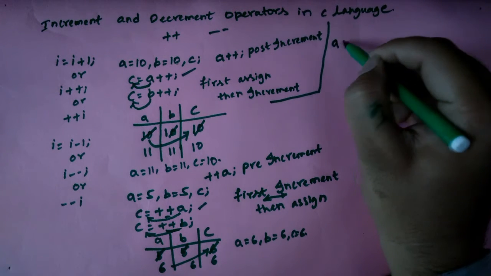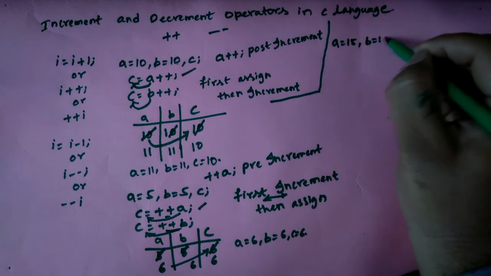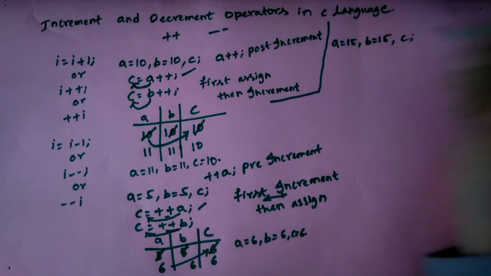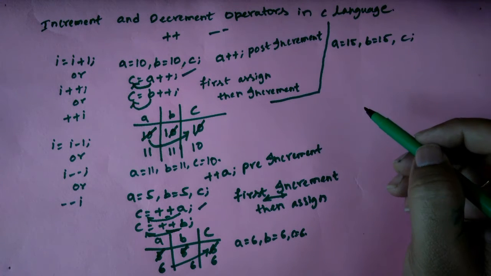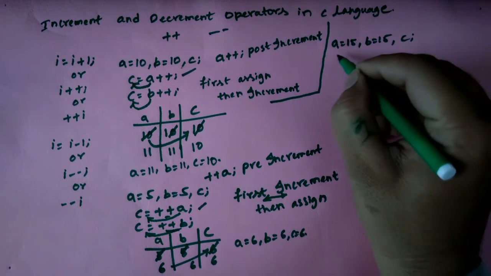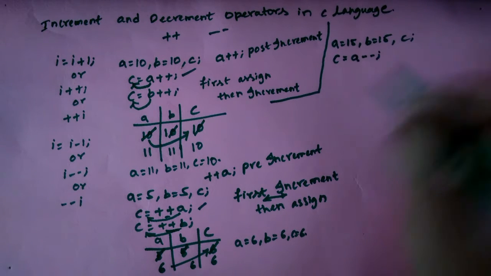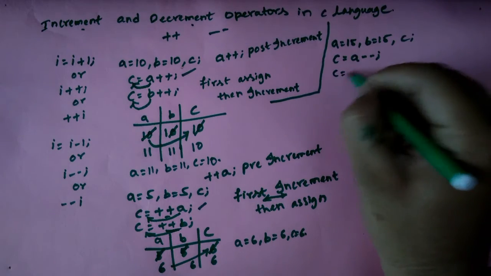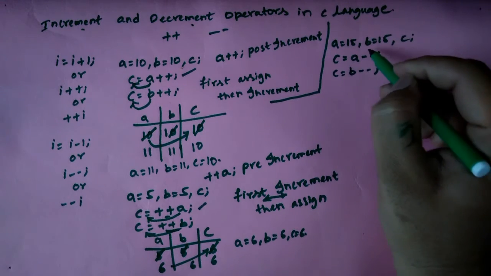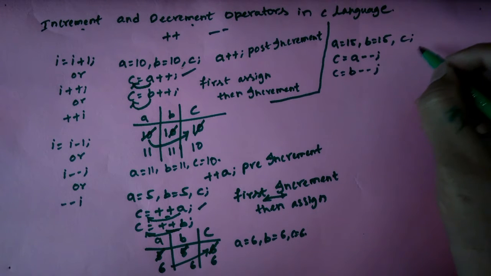I'll write a program. A is equals to 15, B is equals to 15, C. In the same way what we have done for post increment, we'll do the same over here. But here C is equals to A minus minus. Earlier we have done the increment part, now we are doing the decrement part. C is equals to B minus minus. This one is the same as this program.